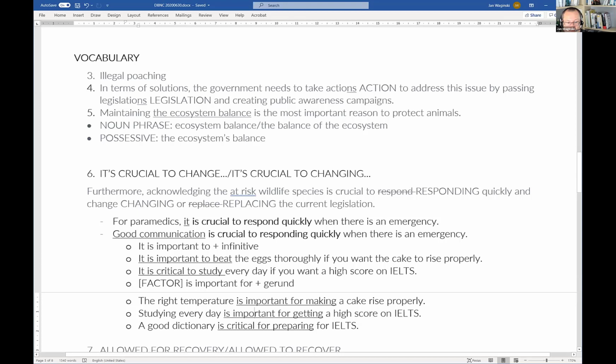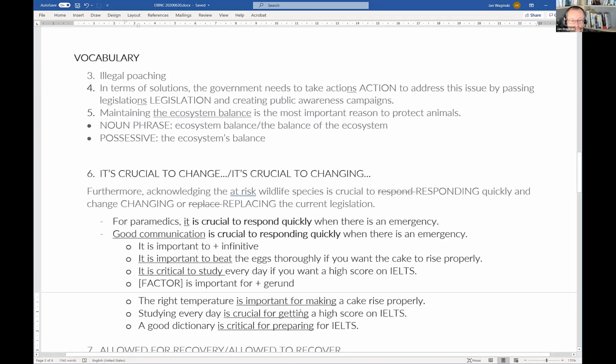It is important to get a... This is like an ongoing thing. It's crucial for getting a high score. No, it looks good.